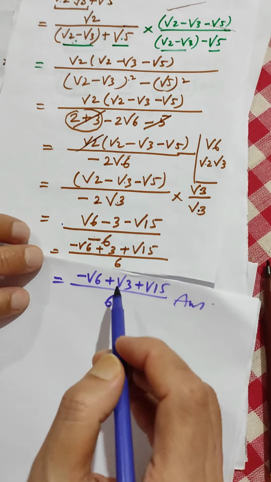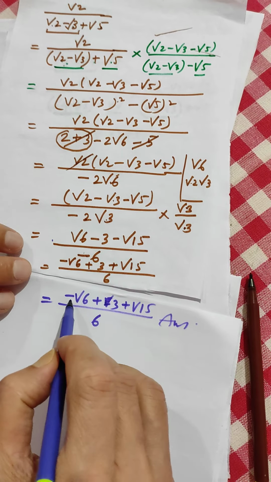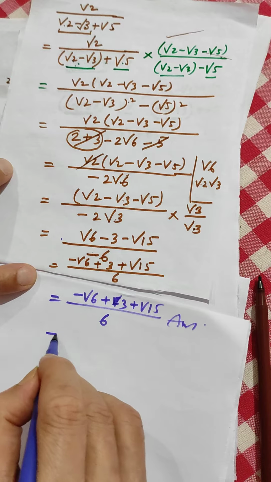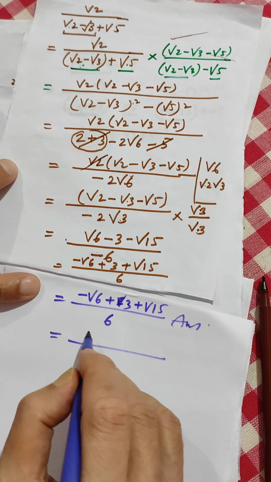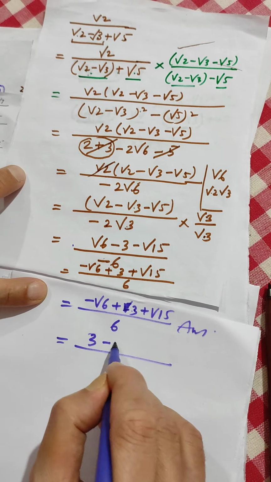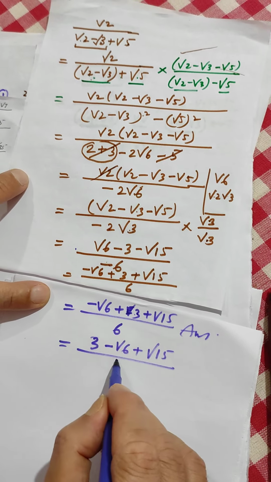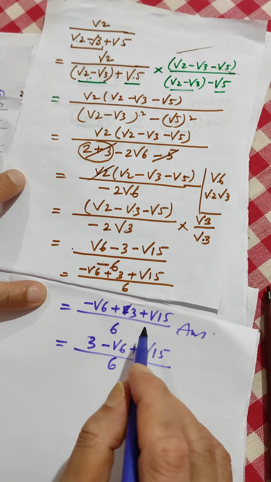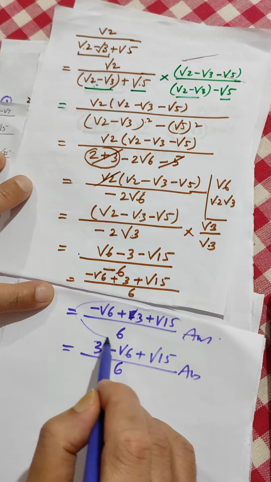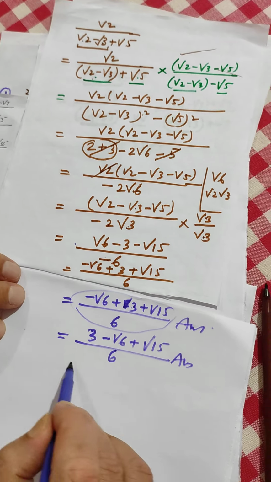Sorry, this is only 3, not root 3. Minus root 6 plus 3. Now actually this rational number should be written first. That is the custom. So 3 minus root 6 plus root 15 and denominator 6. Okay. So this is the answer. If you leave it here, then also no problem, you will get marks. But better you write the rational number first.